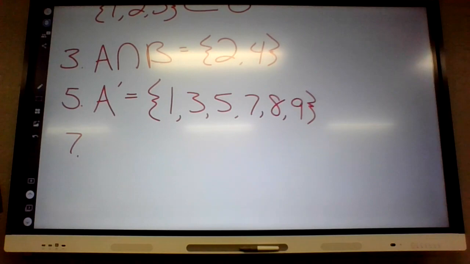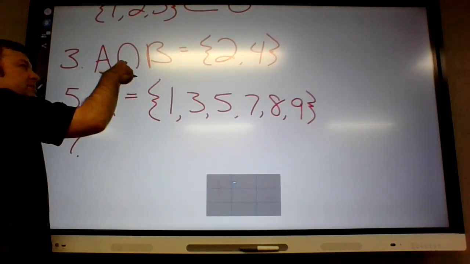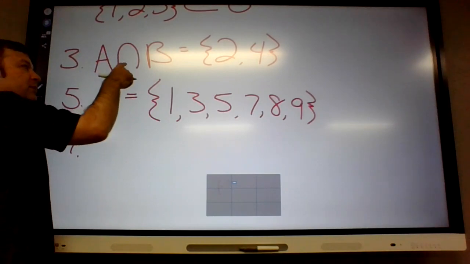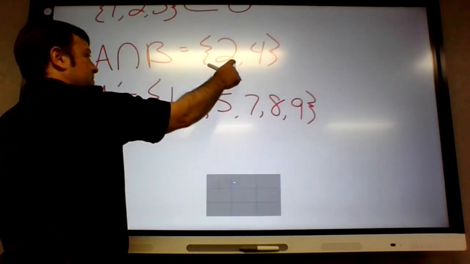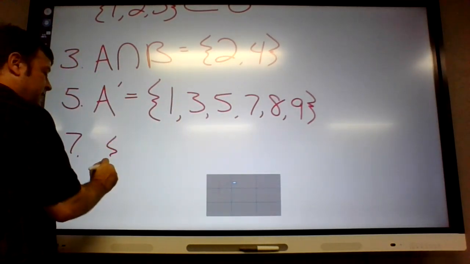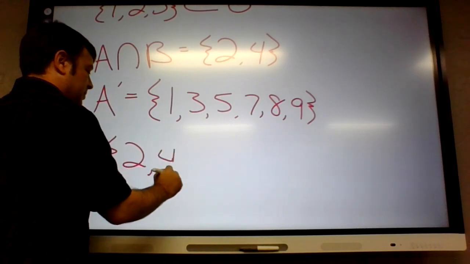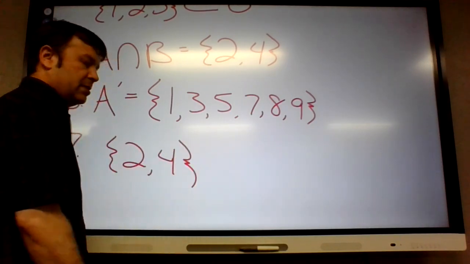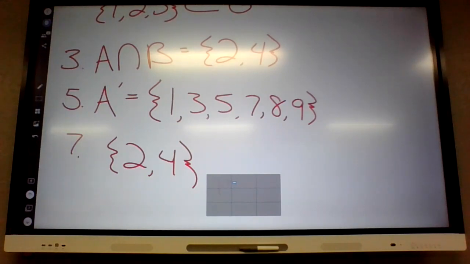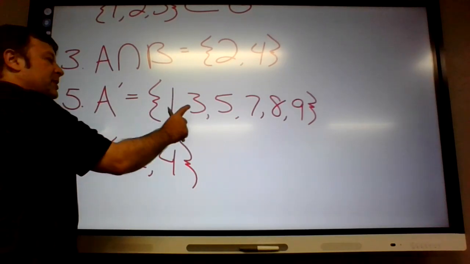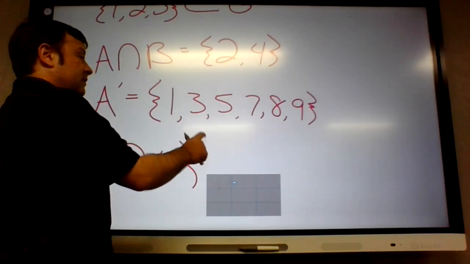All right, 7. Whoa. Large. Okay, if you look to the left side on 7, the left parentheses is just the set 2, 4. And if you look at the right parentheses, it says the intersection of the complement of A and the complement of B. Well, we've got the complement of A right here from number 5.